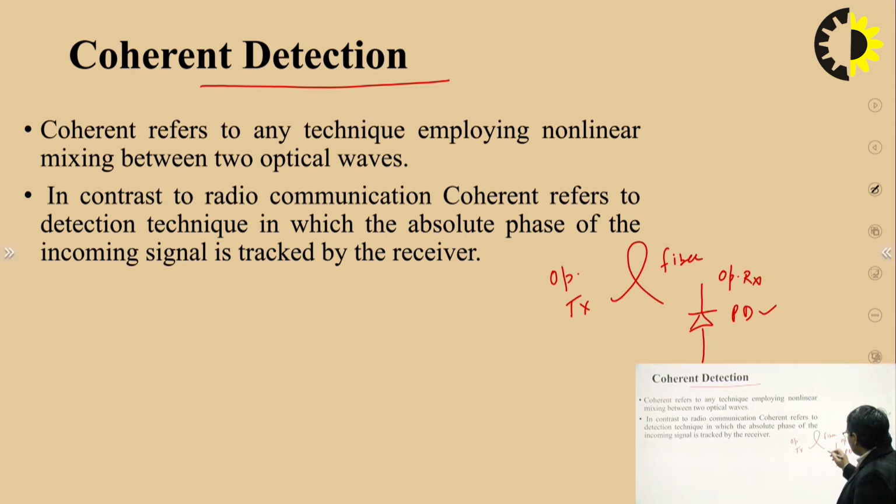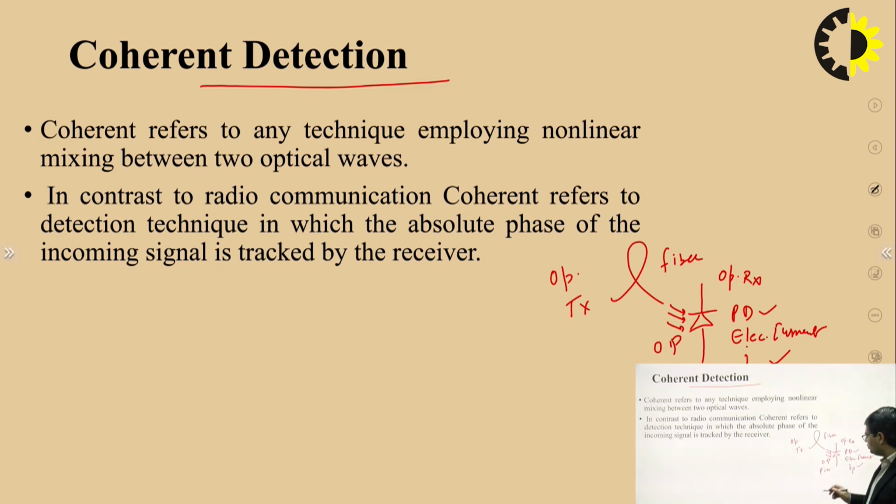So when the received light signal after passing through the fiber is incident over the photodiode, the received optical power is converted into the corresponding electrical current. So when the optical power is incident over the photodiode, it converts it into the corresponding photocurrent IP.